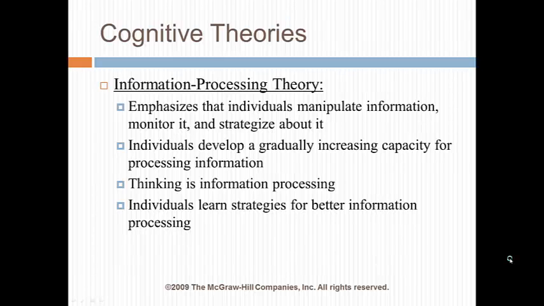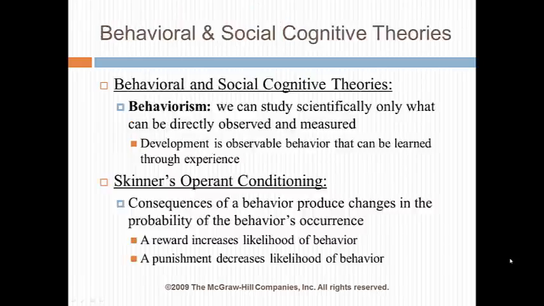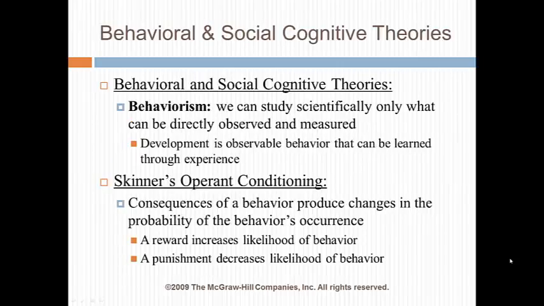The cognitive perspectives are good in that they brought us a positive view on development and an emphasis on the active construction of understanding. However, there is some skepticism about Piaget's stages, and some critics say there is too little attention to individual variations.